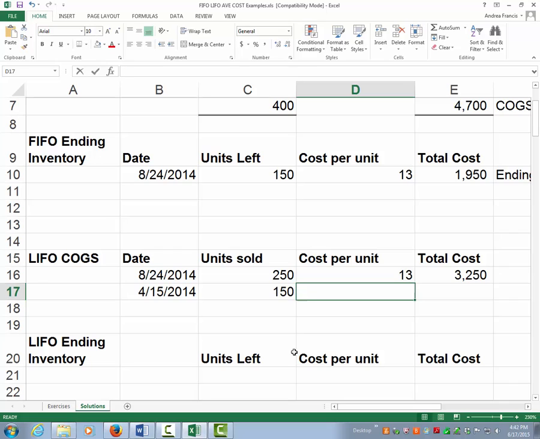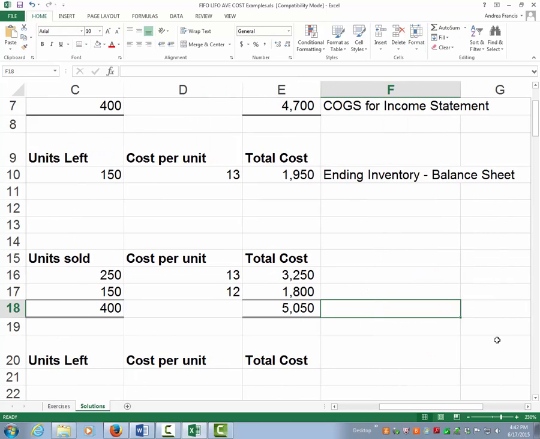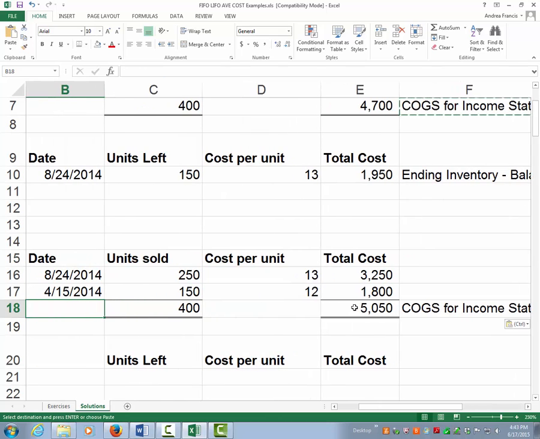It doesn't change even though we split the batch up. And we are going to multiply this out. So let's check to see if we have 400 units. We do indeed. And the cost of those units is 5050. And this too is going to be cost of goods sold for the income statement, but under the LIFO method.